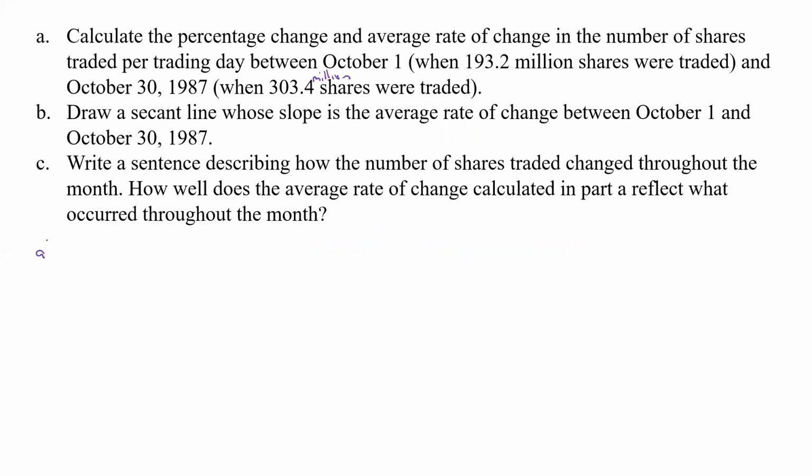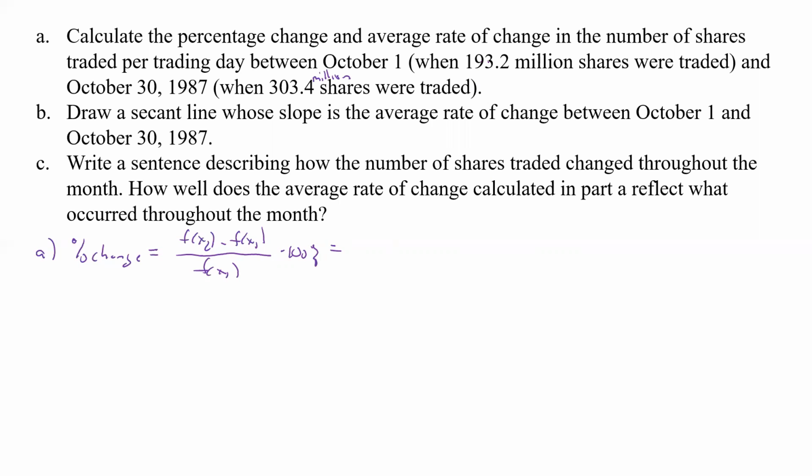So for part A, what we want to do is calculate the percent change. Percent change is equal to, now remember, f of x2 minus f of x1 over f of x1 times 100%. We're just going to plug in the values we do know.